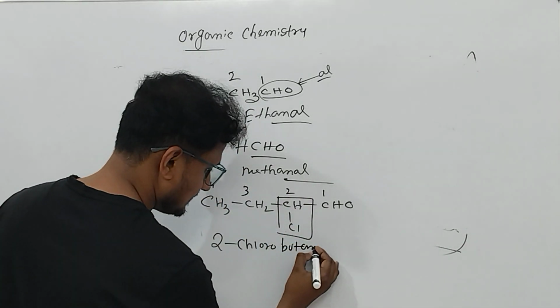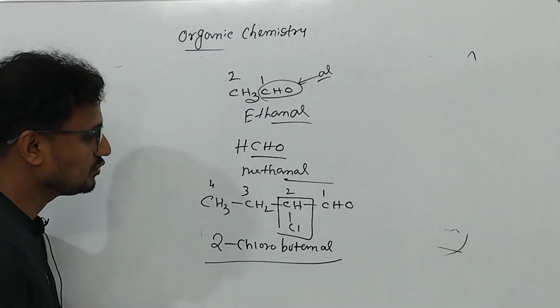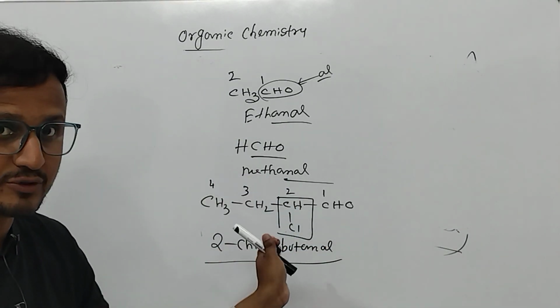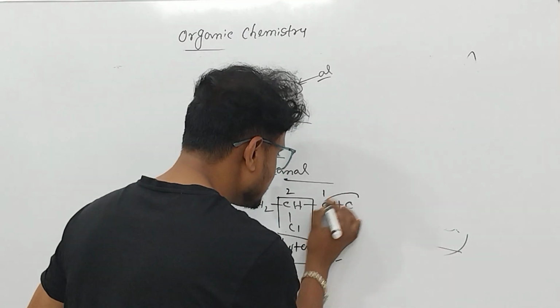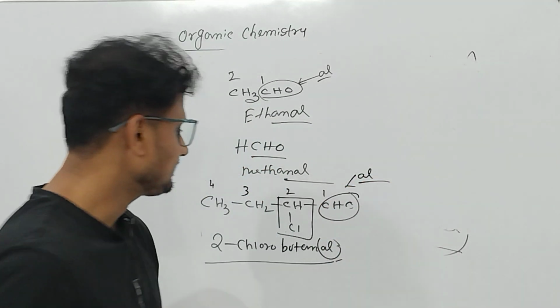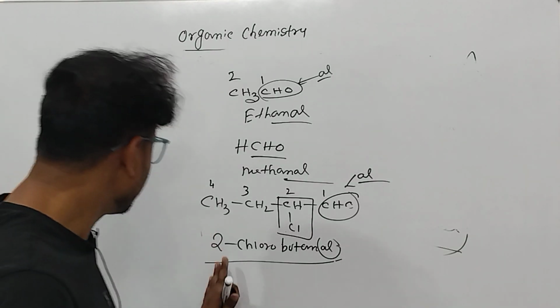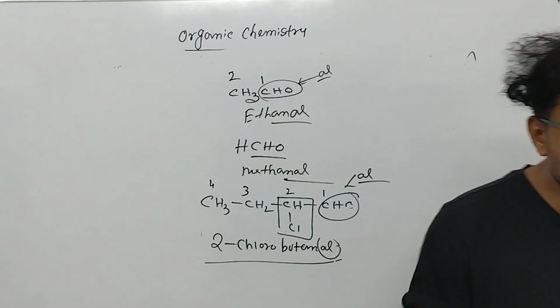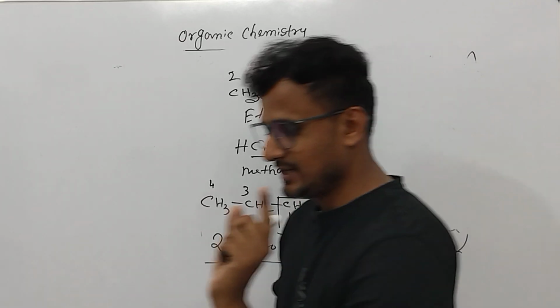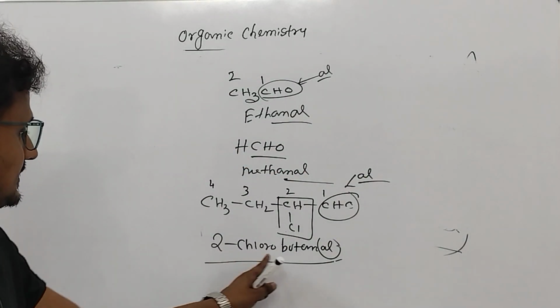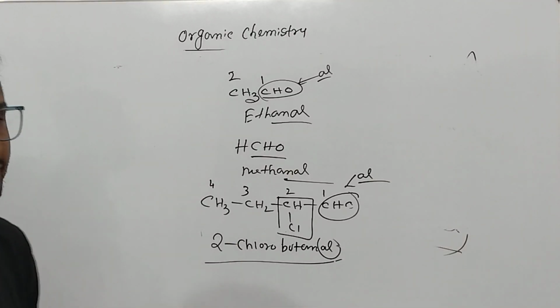Butanal. 2-chlorobutanal. Okay, 2-chlorobutanal. Why al at the end? Because the CHO group is there. Don't forget to give the hyphen here, because IUPAC nomenclature is very important. If you make a little mistake here, you will be deducted marks. Okay, so see this hyphen.